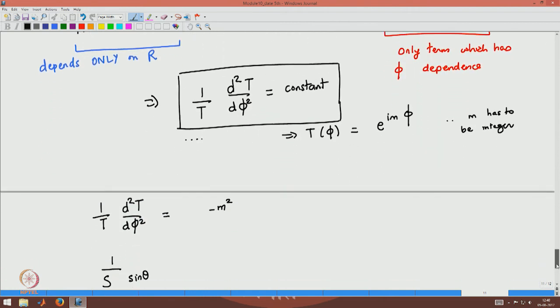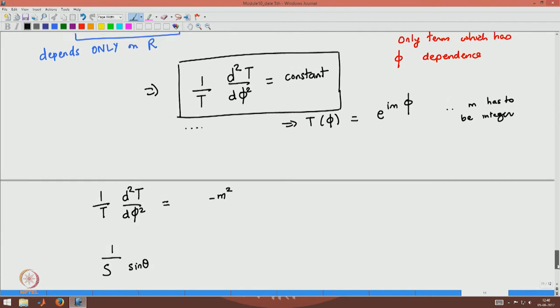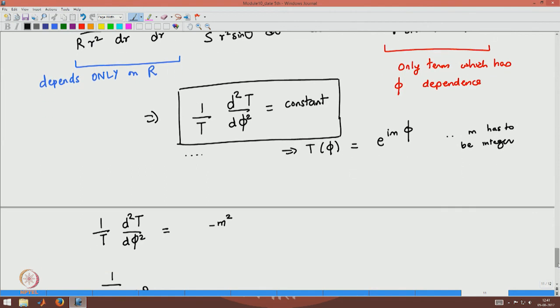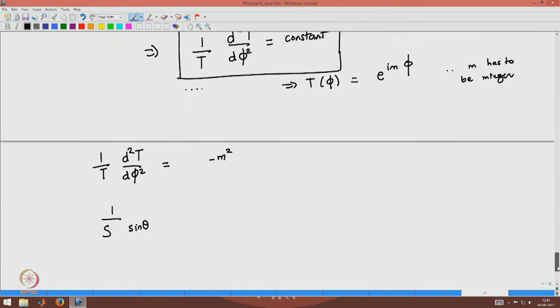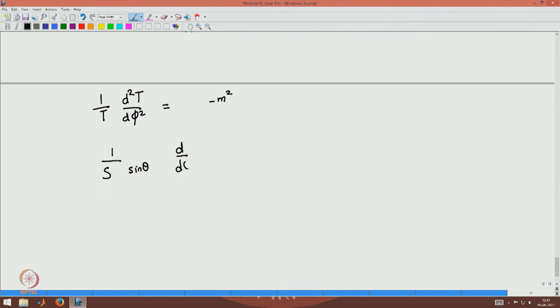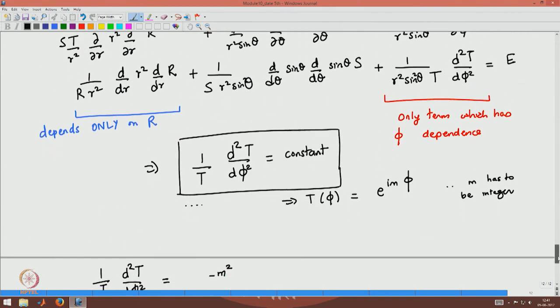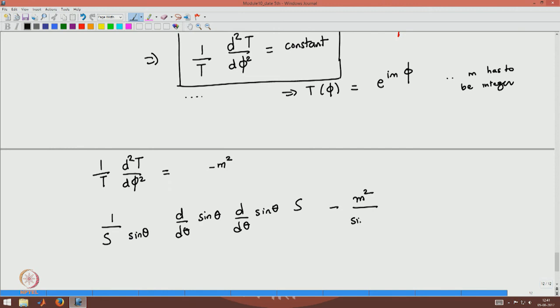So what happens here is that you have 1 over s sin theta, I am not bothering with the r part, times d by d theta of sin theta d by d theta of sin theta s, plus, or no, now it will become minus m square divided by sin square theta equal to a constant.